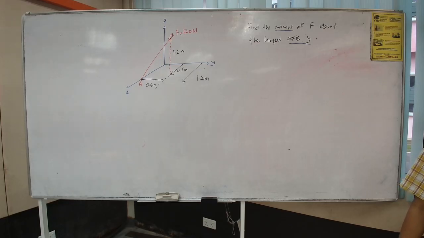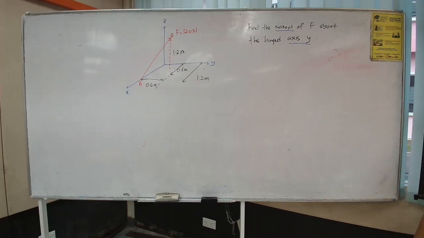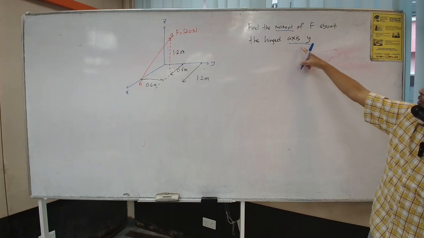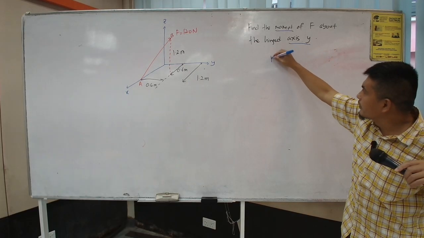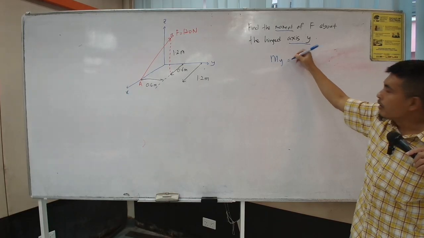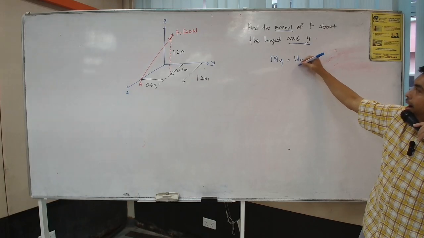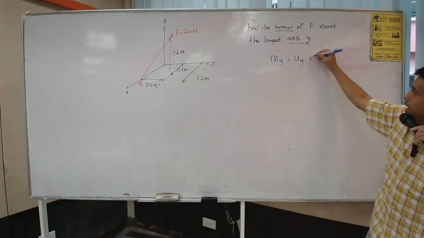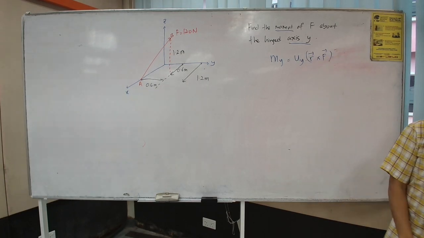Because we want to find the moment about axis Y, the formula becomes moment of Y equals UY dot R cross product with F.